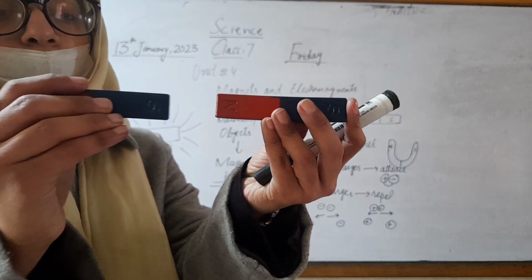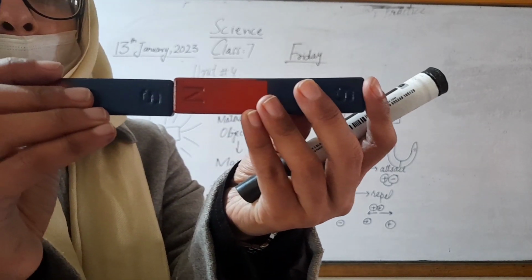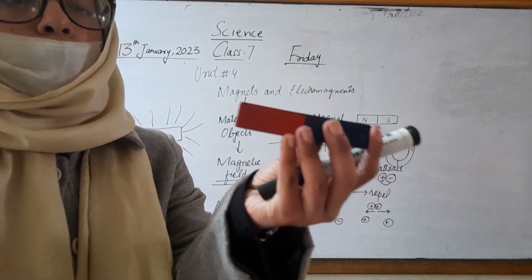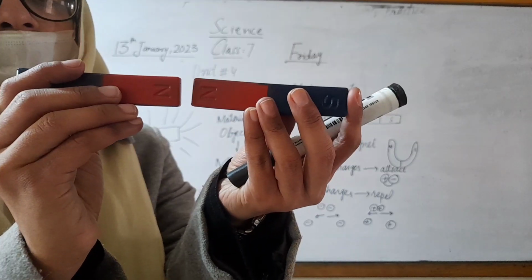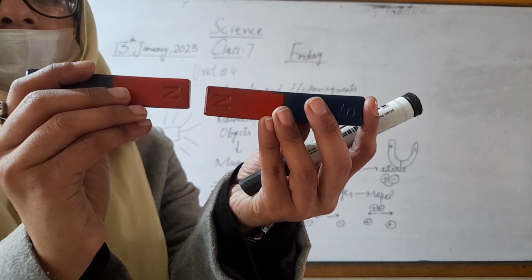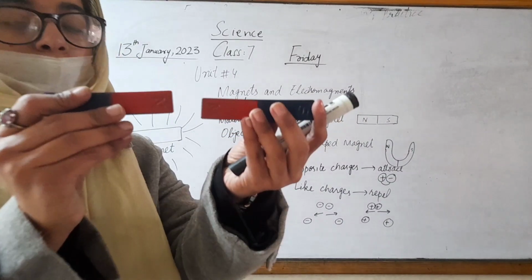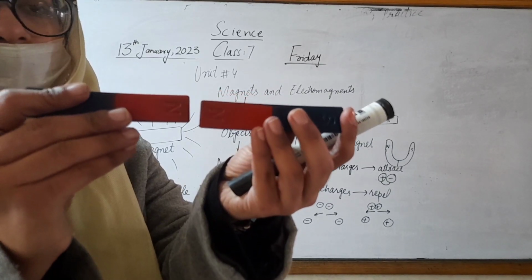Here's the north and south, you can observe. And when the same poles are brought close together, there is no force of attraction. Here the moving away takes place. You can observe the repelling action taking place between the same poles.